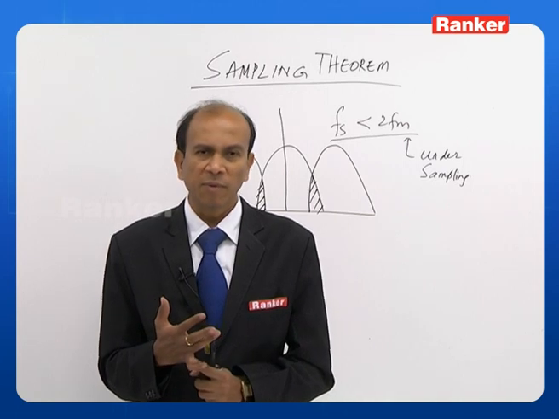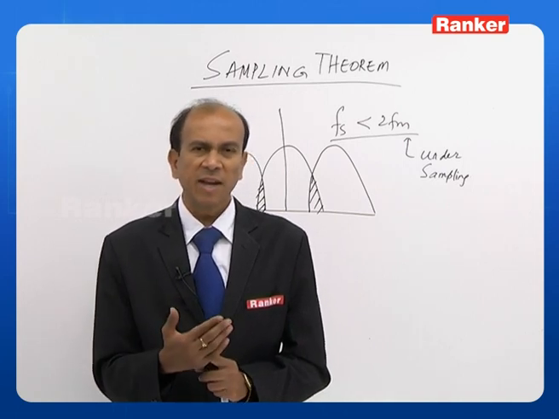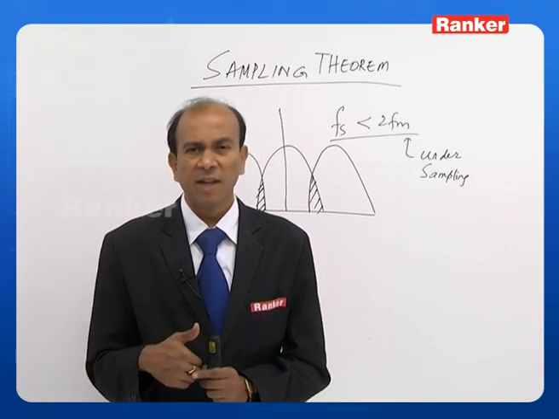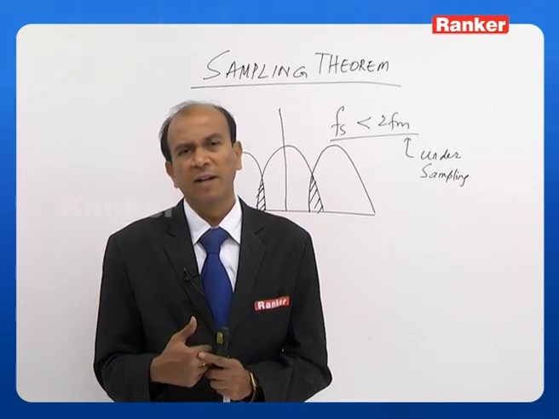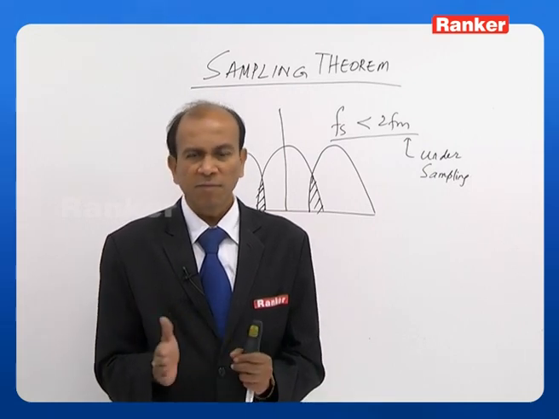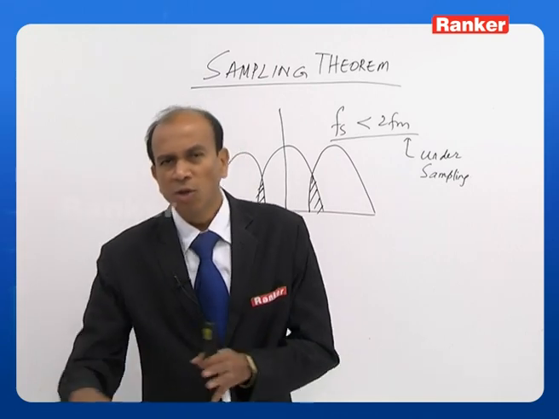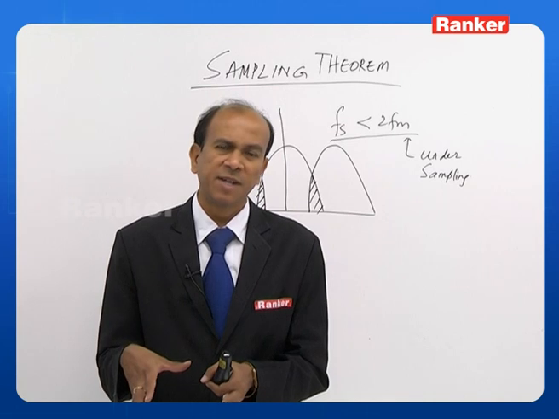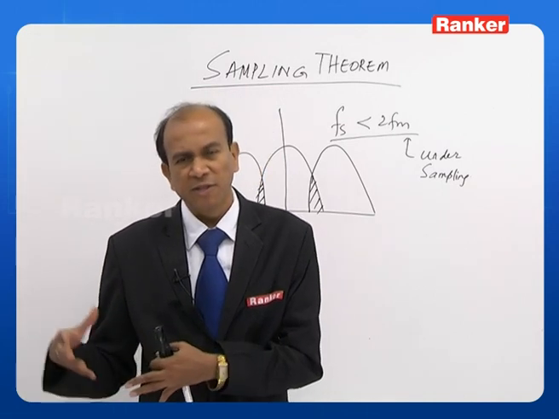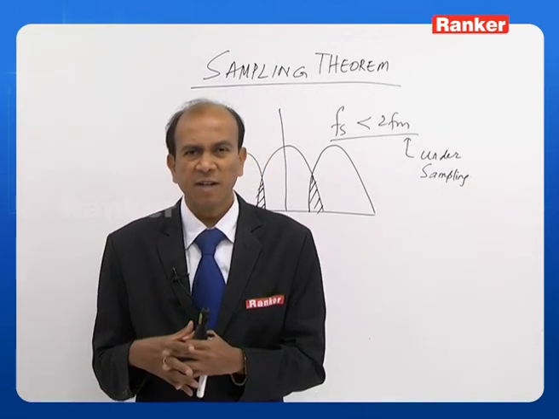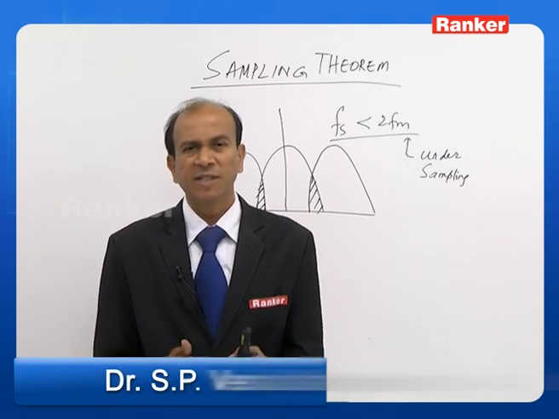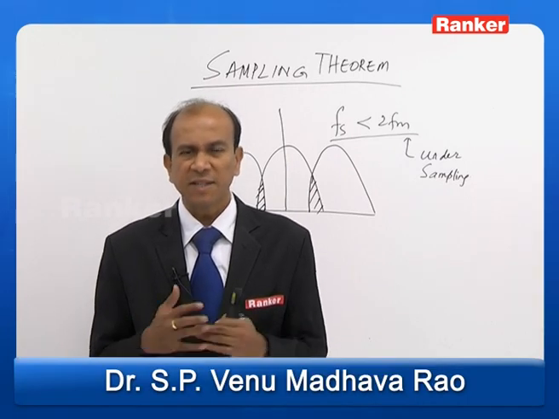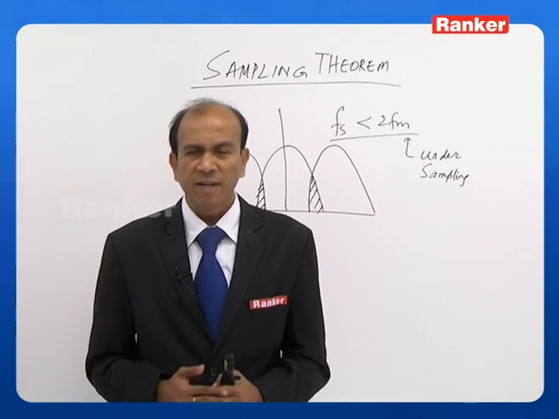The use of a pre-alias filter is particularly useful where it is very difficult to calculate Fs. So, pass the signal through a low pass filter, limit the number of frequency components, find the maximum frequency, which is the cutoff frequency of the low pass filter, then ensure that Fs is greater than 2FM. These are the steps to prevent aliasing.